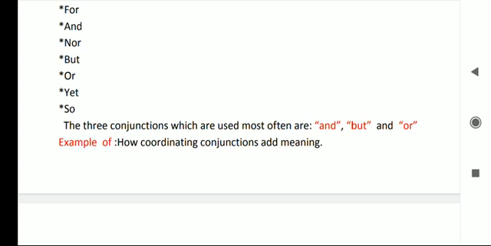The three conjunctions which are used most often are and, but, and or, right?